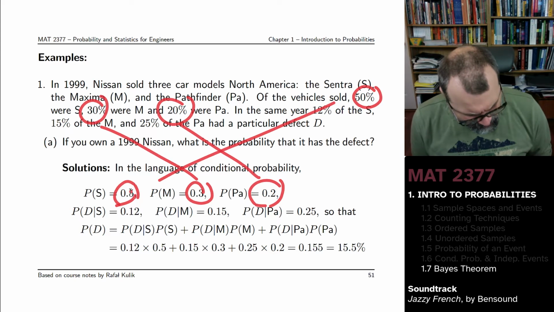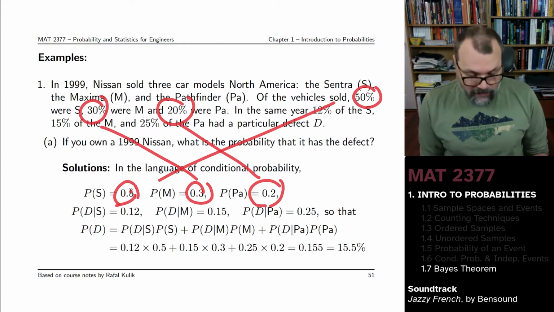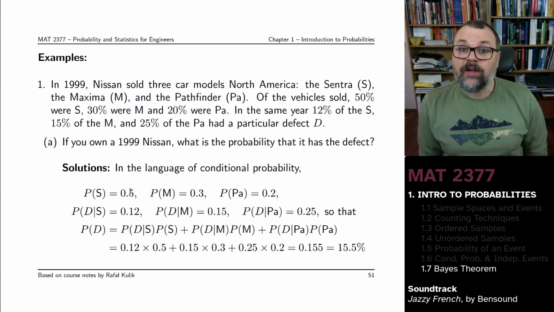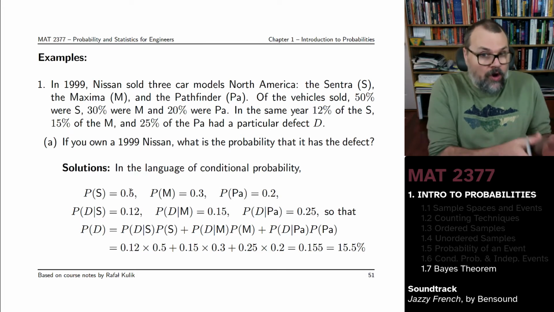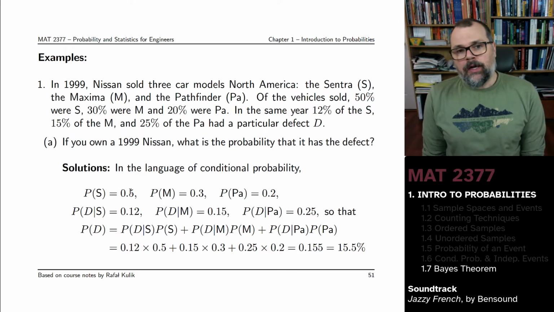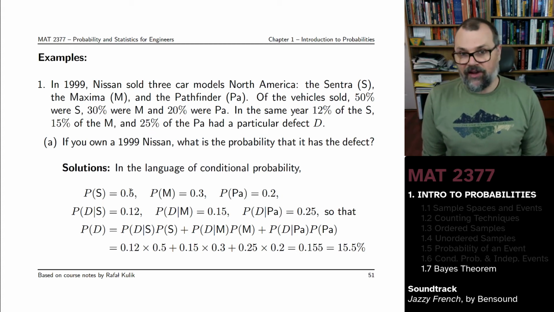What we have here are exhaustive events. Are they mutually exclusive? Well, it's conceivable that you could have more than one Nissan vehicle. But we're looking at a specific vehicle. So even if you have two, we're looking at one of your vehicles here. And it's impossible for a vehicle to both be a Sentra and a Maxima, or a Maxima and a Pathfinder, or a Sentra and a Pathfinder.